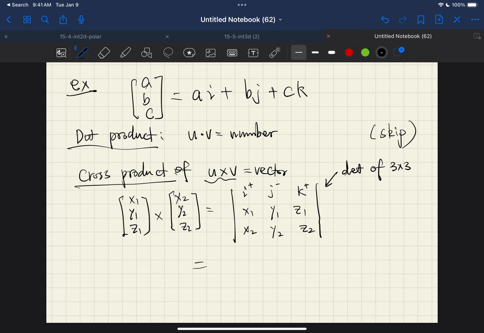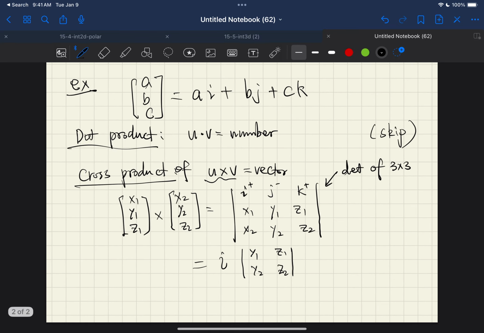For i, this is plus i, so I don't need to write plus, and the determinant of its minor, which means the determinant of the submatrix, removing the i row and i column.